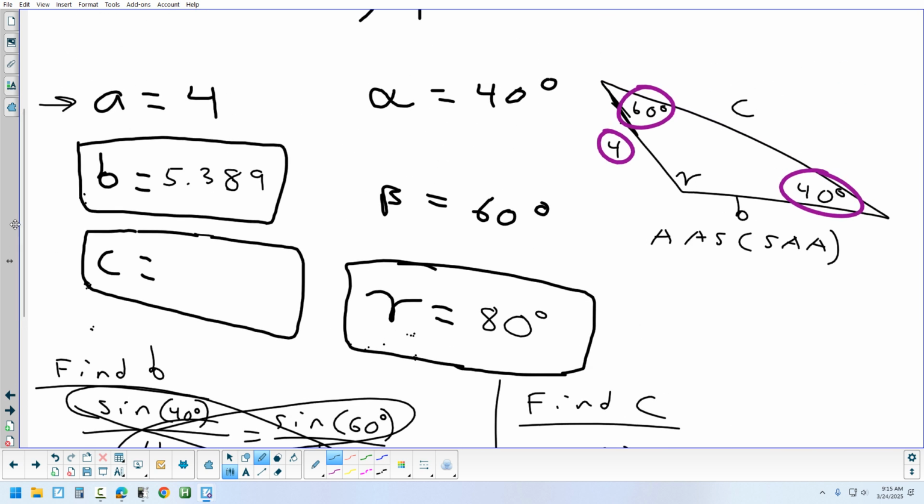Now, to use law of sines, you have to pick a full row in your table. How many full rows do we have now? 2. So you could pick the first row or the second row. But which row do you think is better to pick? Right, how come? There's no decimals. Everything was given, there's no decimals, so we're going to start with sine of 40 over 4.